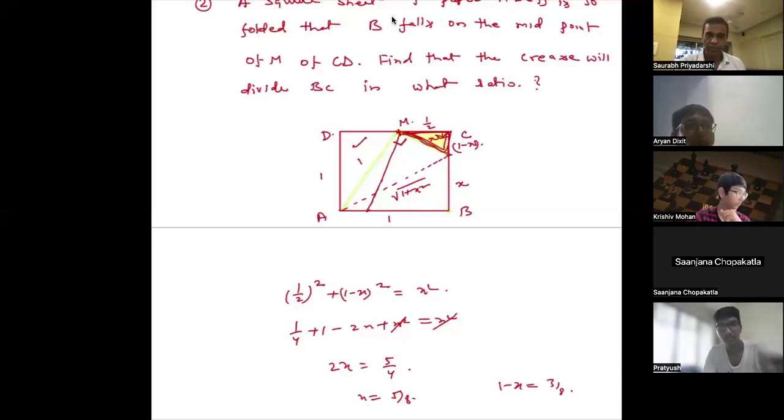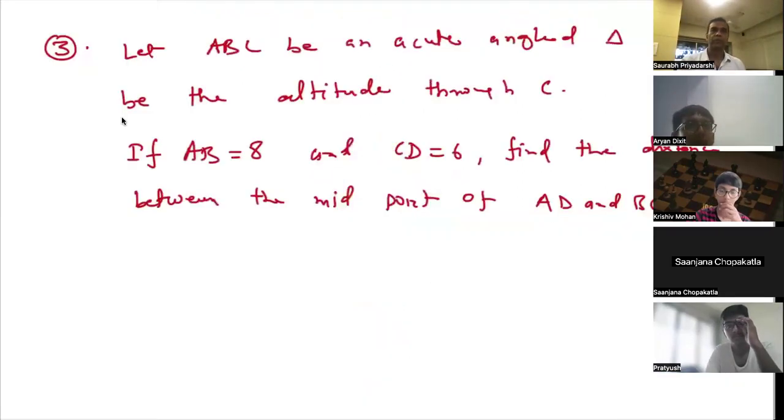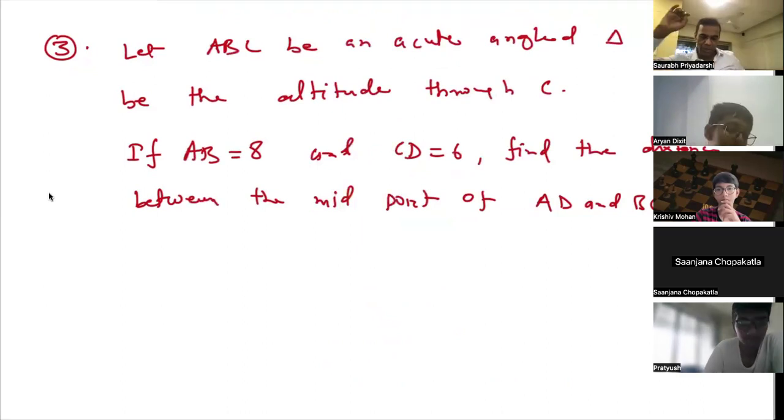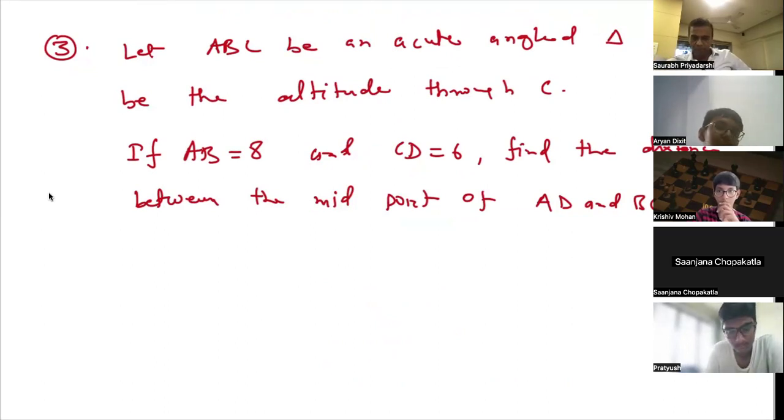Yes, sir. Let ABC be an acute angle triangle and CD be the altitude through C. If AB is equal to 8 and CD is equal to 6, find the distance between the midpoint of AD and BC. You have 7 minutes for this question. Your time starts now.